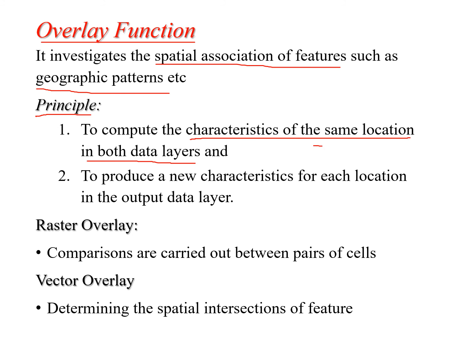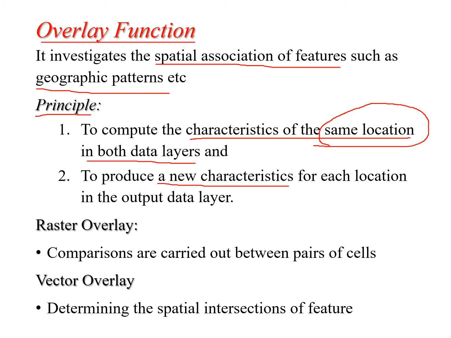The condition is that the location should be the same. So if I want to compare two different data layers, they should be showing the same location, and then the overlay function can be carried out. Second, to produce a new characteristic for each location in the output data layer.